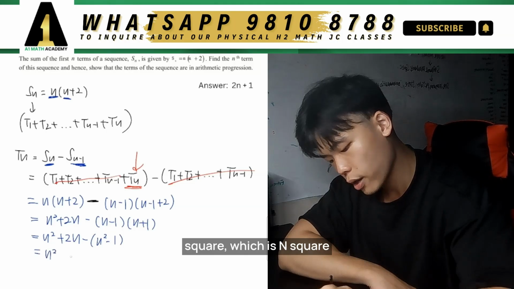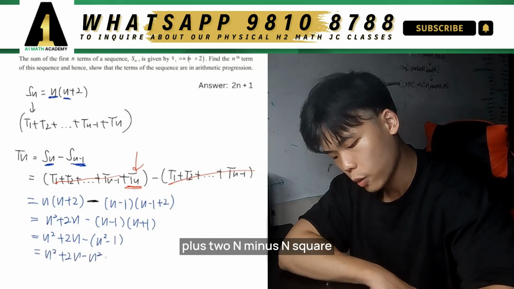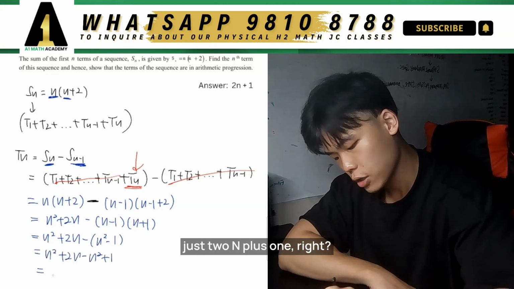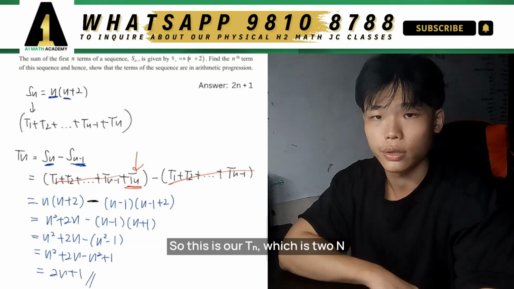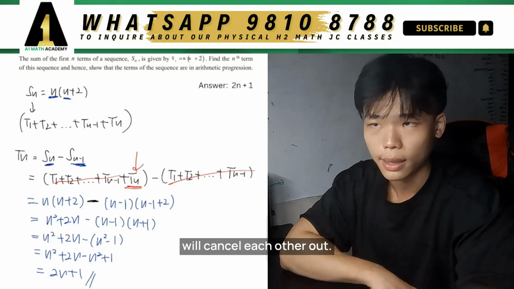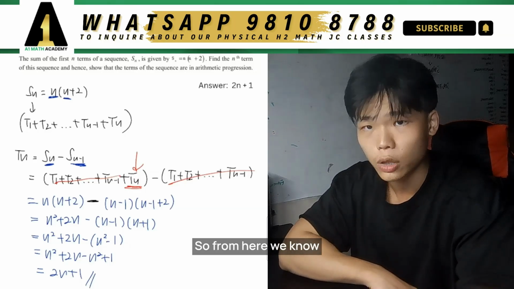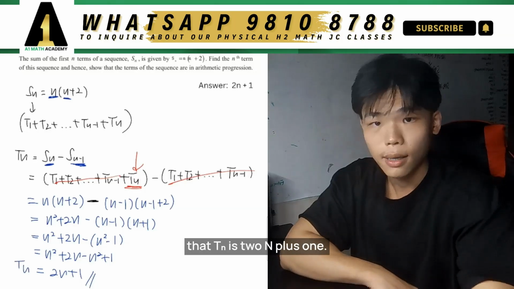That is n squared plus 2n minus n squared plus 1, which is just 2n plus 1. The n squared terms cancel each other, so Tn is 2n plus 1.